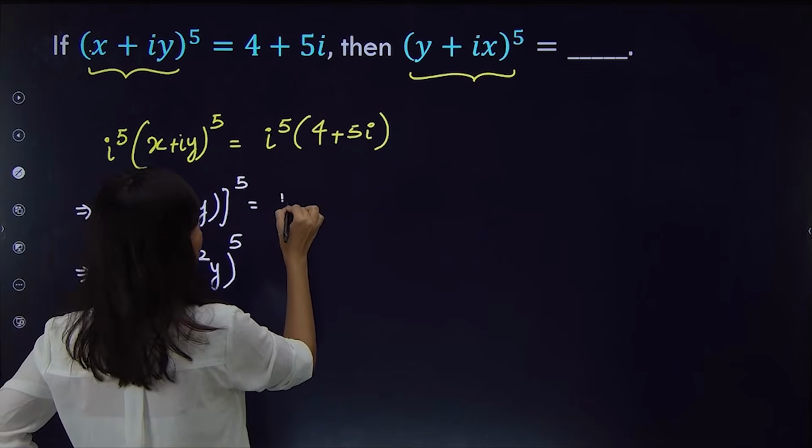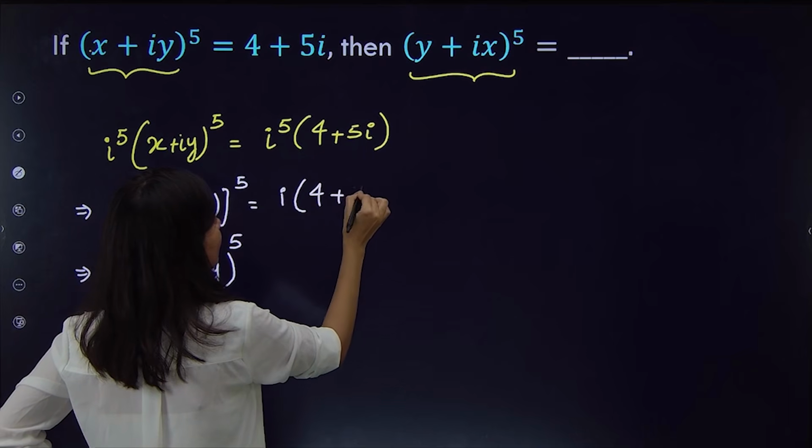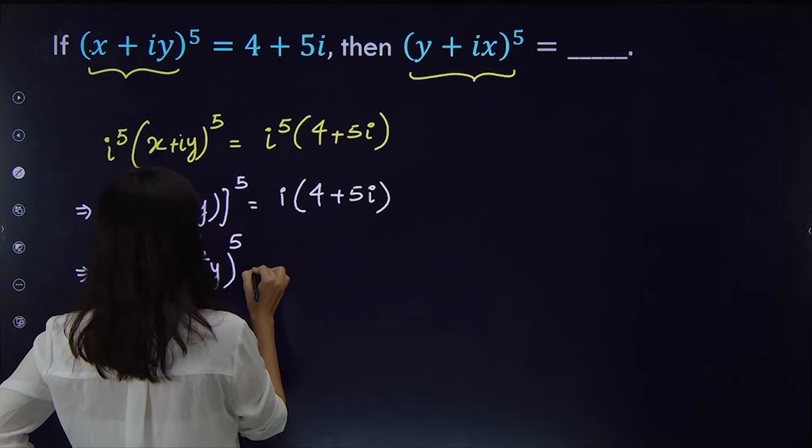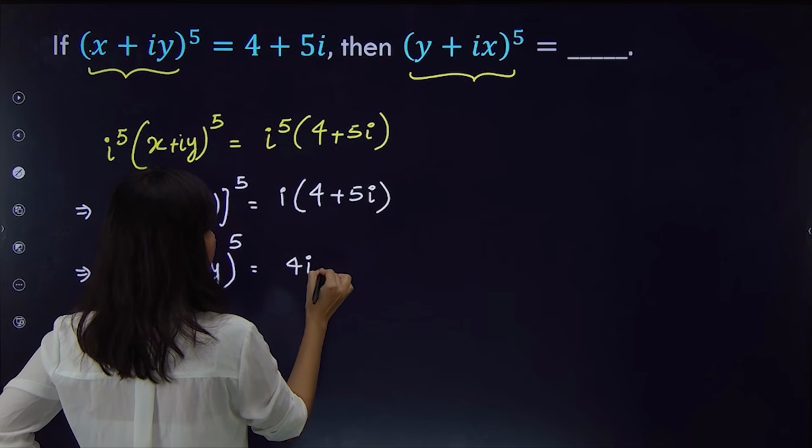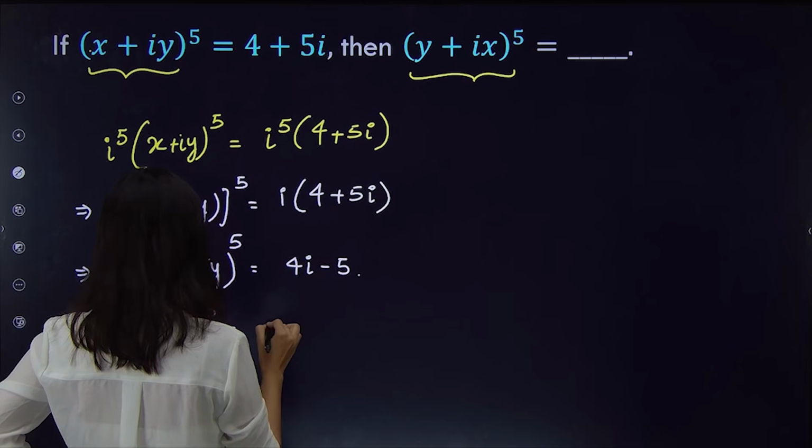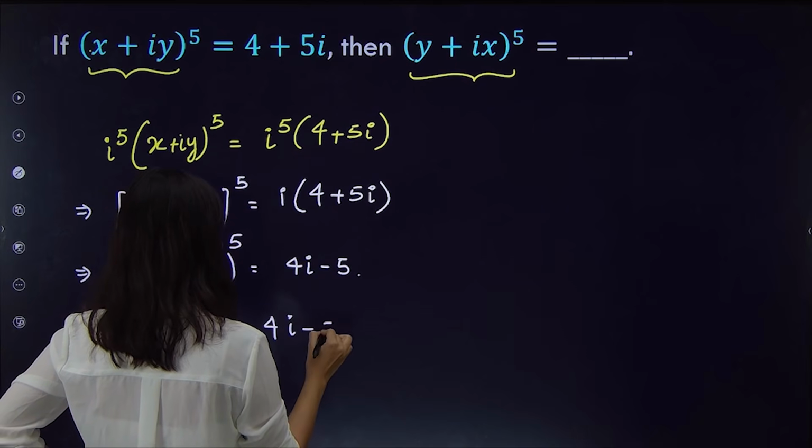Iota. So i(4 + 5i). This is 4i − 5. Okay, 4i − 5.